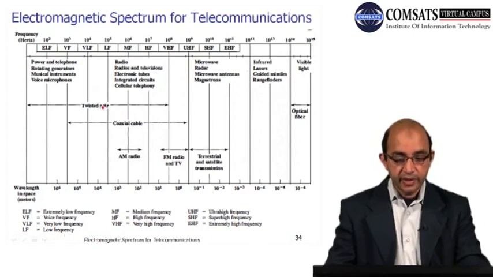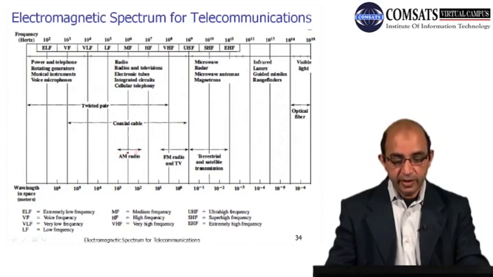So you can see that twisted pair covers from ELF to VHF, very high frequency. Coaxial cable starts from VLF, or you can say VF, and ends at UHF, ultra high frequency.